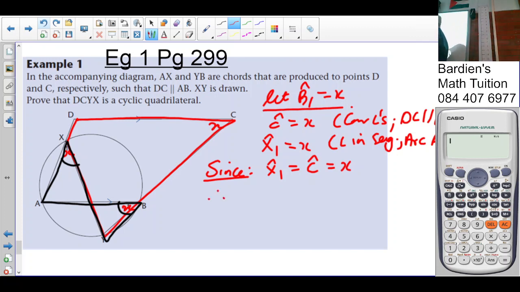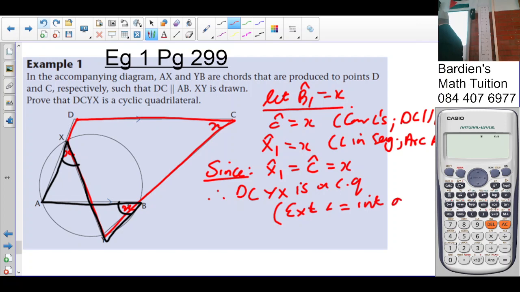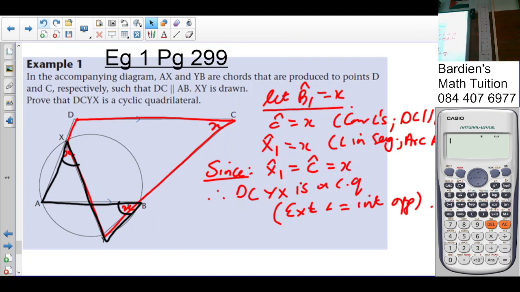Therefore, we stated the obvious, now we answer the question. Therefore, DCYX is a cyclic quad. CQ is acceptable for cyclic quad. And what's the reason here? Exterior angle equals the interior opposite angle. There we go. The sum is worth 4 marks.